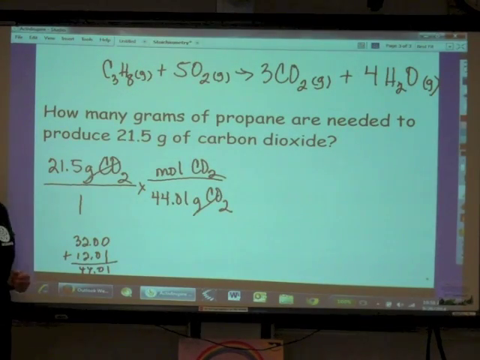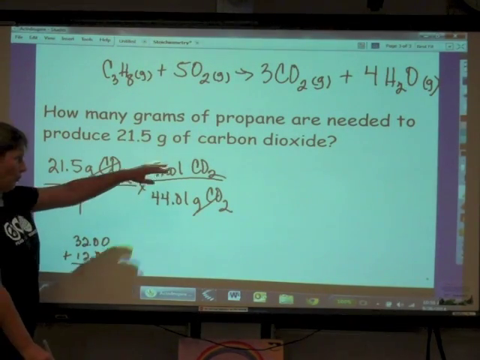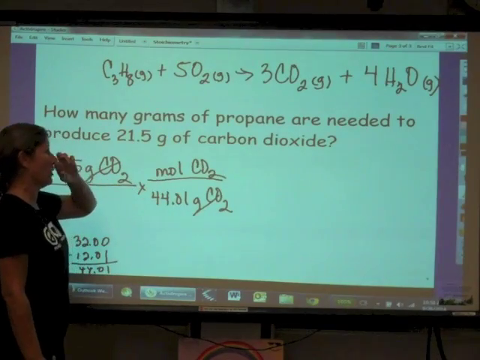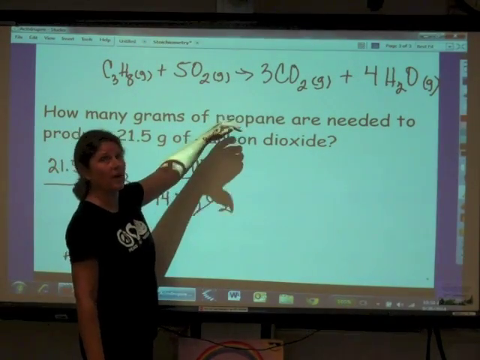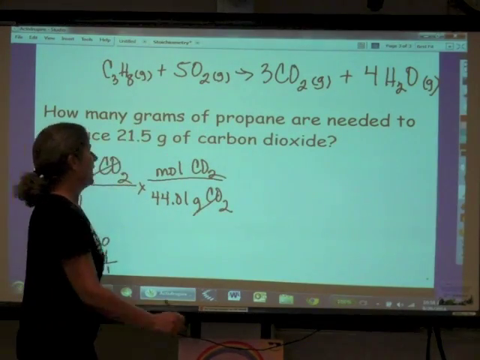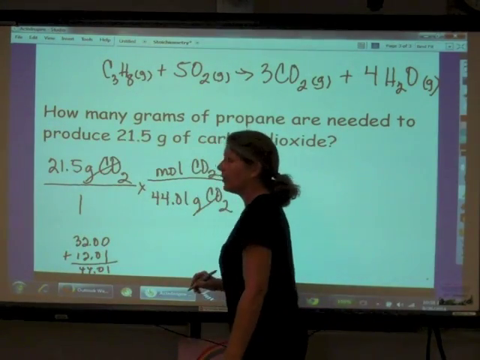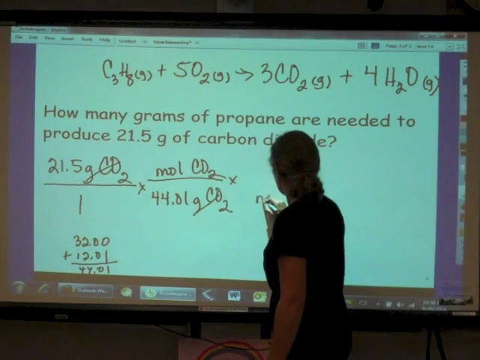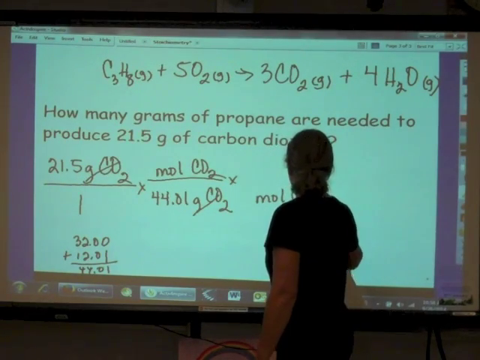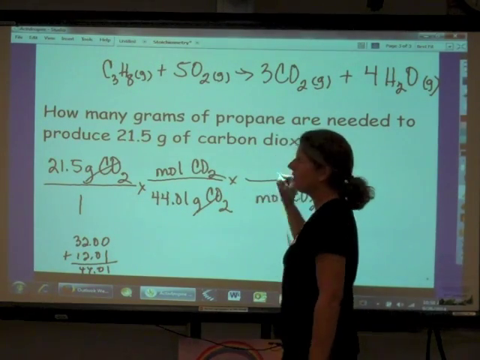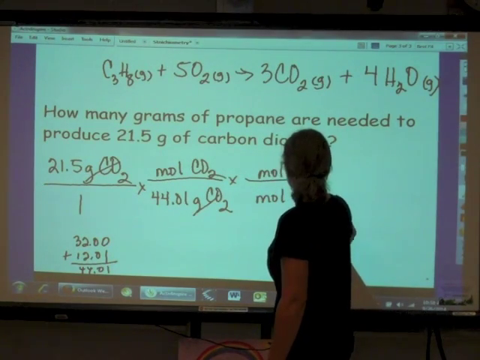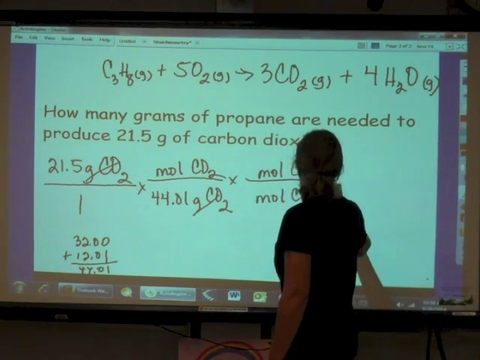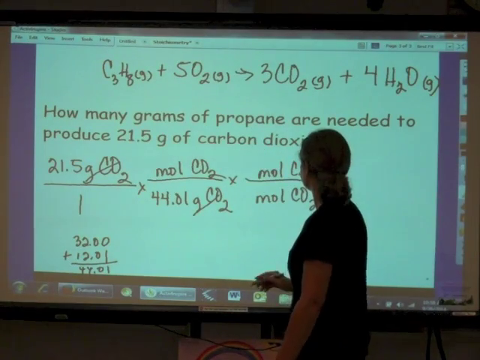It's the heart of our stoichiometry problem. It's what is going to take us from moles of carbon dioxide to the moles of our unknown. And so we're always going to put our known in the denominator, moles of CO2, our unknown in the numerator, moles of C3H8, that's what we're looking for, propane.